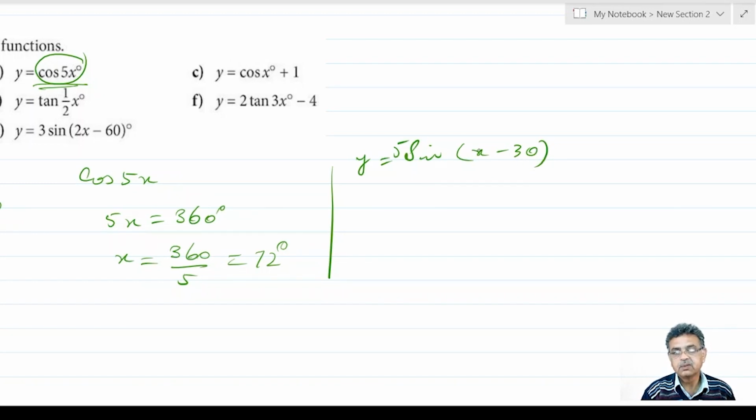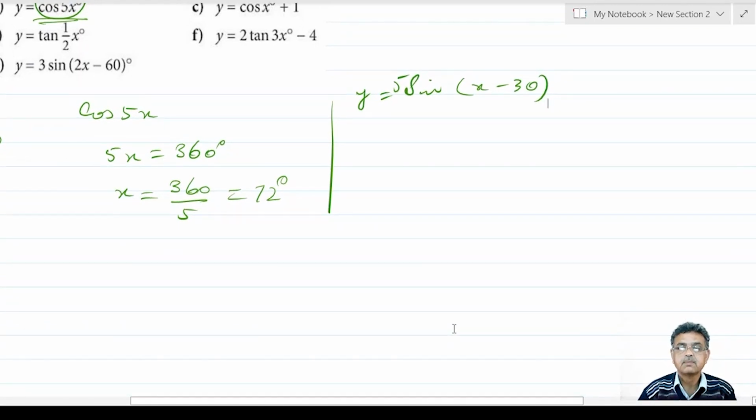There is no number along with this x, therefore its frequency is 1 in 360 degrees and its period is 360 degrees. This is its amplitude, and the graph will move 30 degrees towards the right.